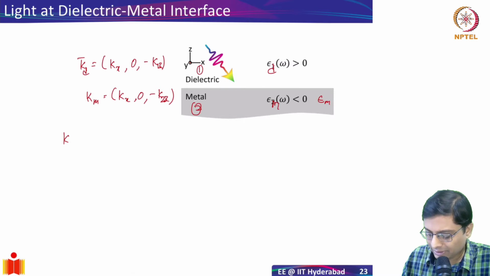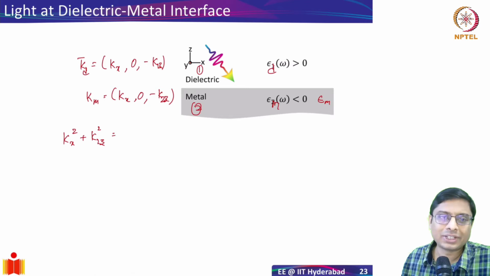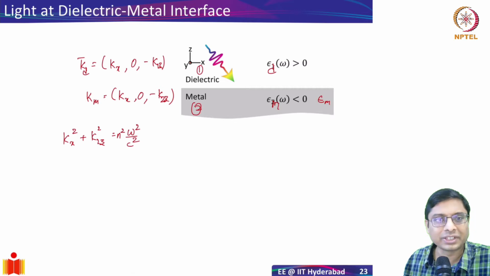So I'll write kx square plus k2z square should be equal to, the dispersion relation tells us that k square is omega square by c square. So there should be an omega square by c square, and this medium has a certain refractive index, so there will be an n square. This is the dispersion relation we studied.